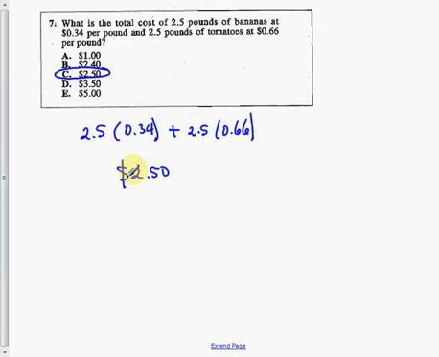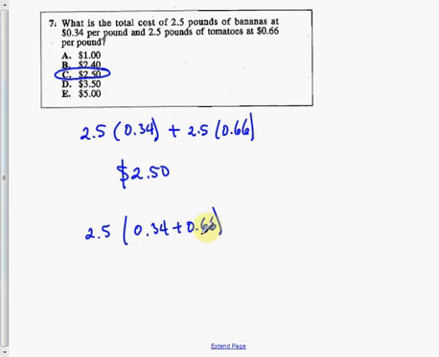Now, sometimes these problems on these tests, they have a trick to them. You want me to show you the trick for this problem? The trick is this. 2.5 is there, 2.5 is there. They're common. So if they're common, then I can factor out a 2.5 from both of these expressions, and I have here 0.34 plus 0.66.